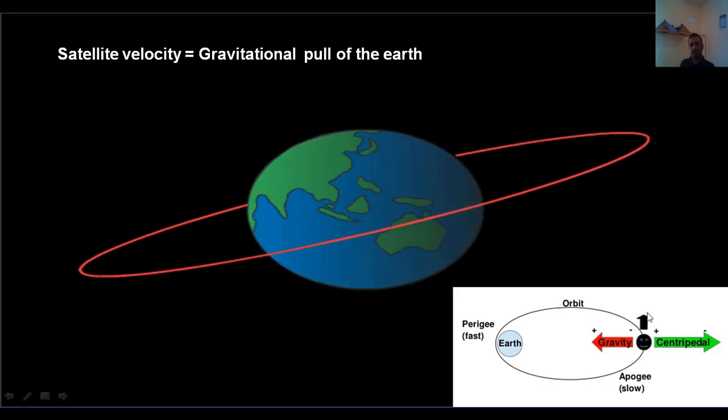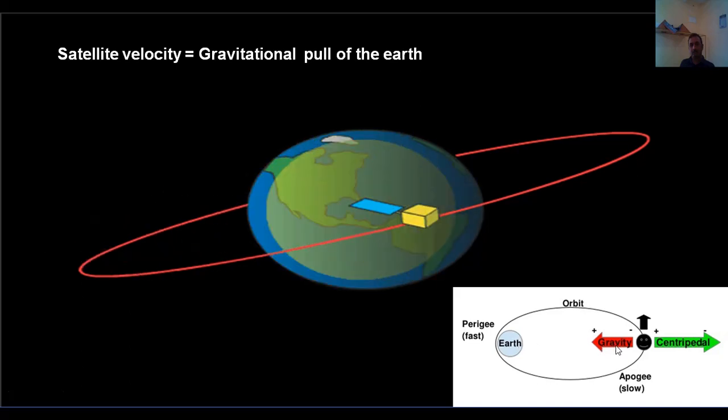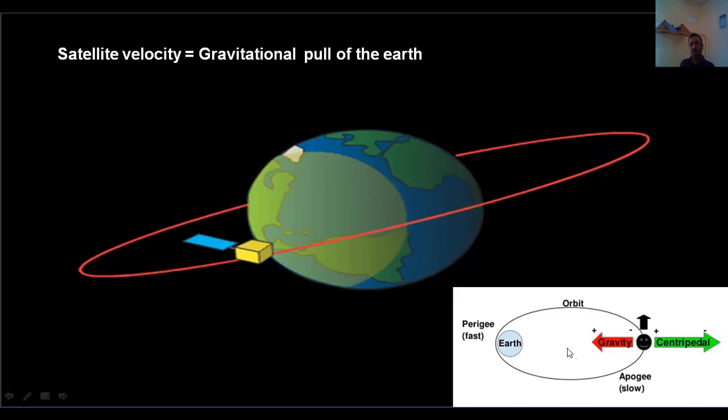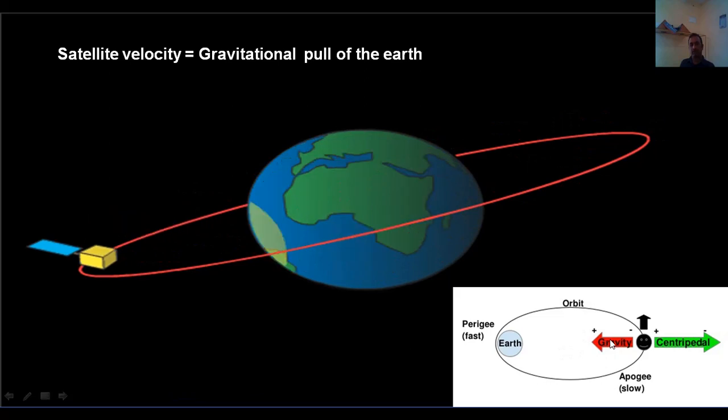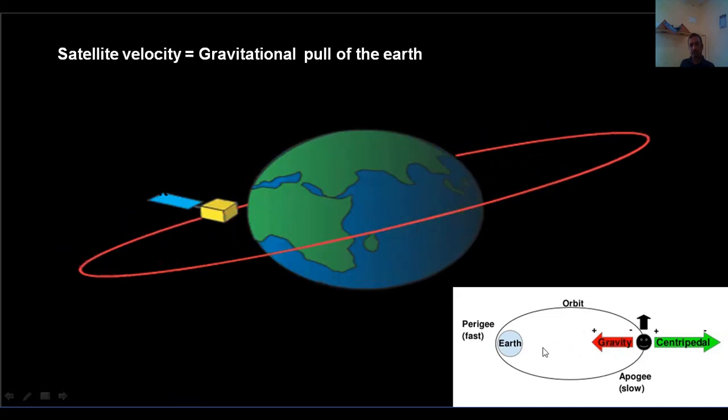You see, this black is the moving direction, red is gravitational, the earth pulls towards itself. Due to the gravitational force, this force acts towards the earth.